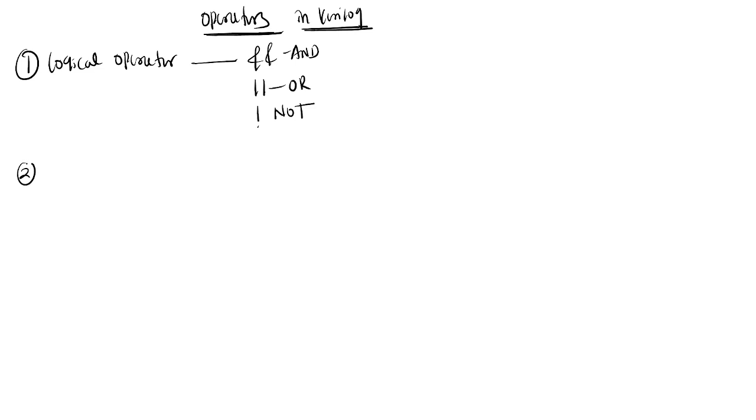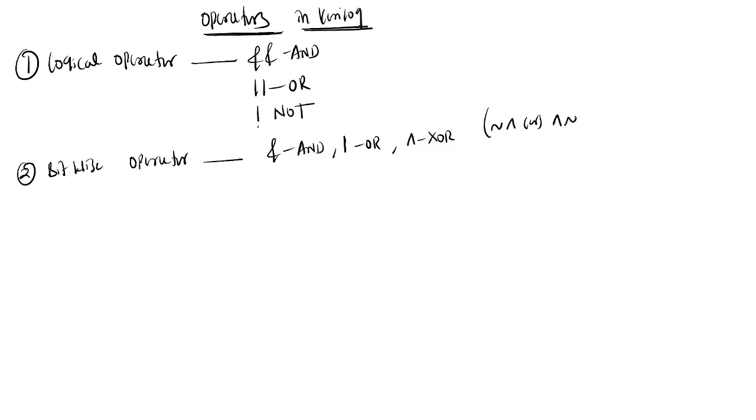Next, you have bitwise operators: AND, OR, and XOR operator. XNOR, two symbols are there: not of XOR, or you can use this symbol also, XOR of not.